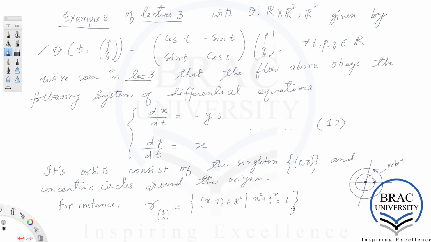So now our duty is to show that the omega limit set of this orbit is the orbit itself. This is what we want to show now. This is equation number 13.